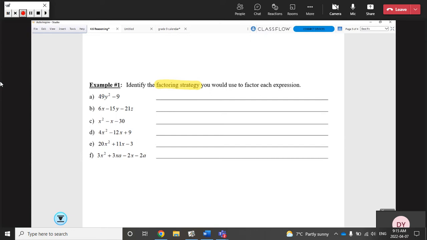So if we have a look at A, what do you notice about this quadratic expression, 49y squared minus 9? They're both square terms separated by a subtraction symbol, right? So we know we're thinking difference of squares.